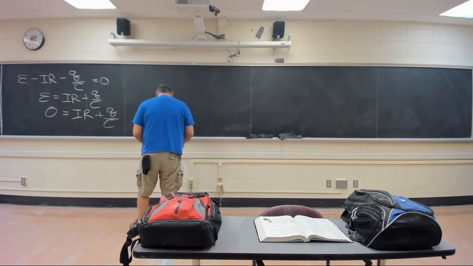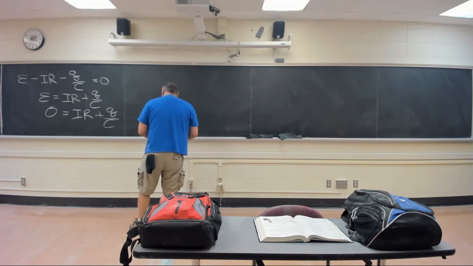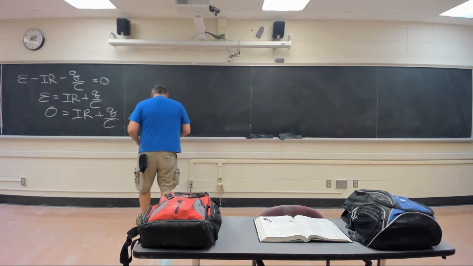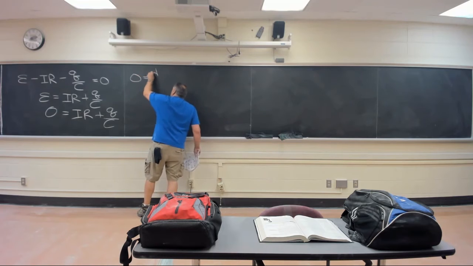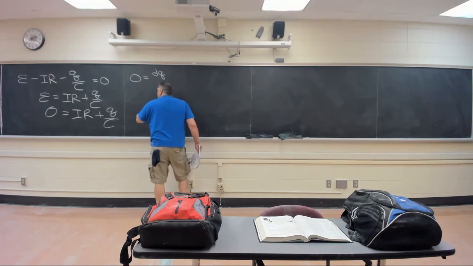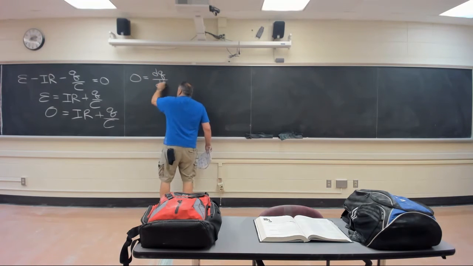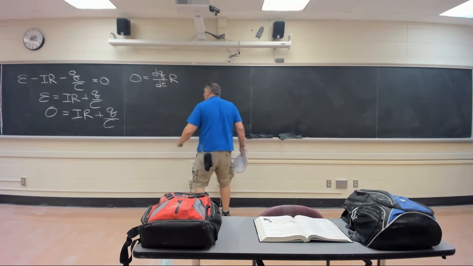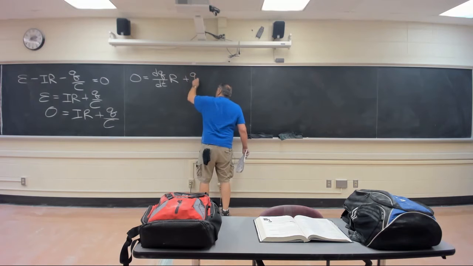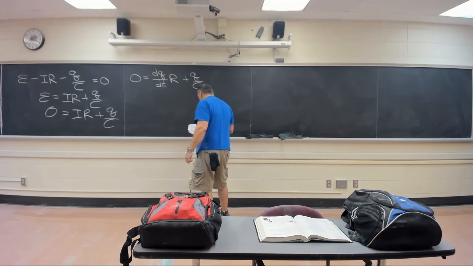If that's true, why don't you write the I as dq dt times R plus Q over C. All right.